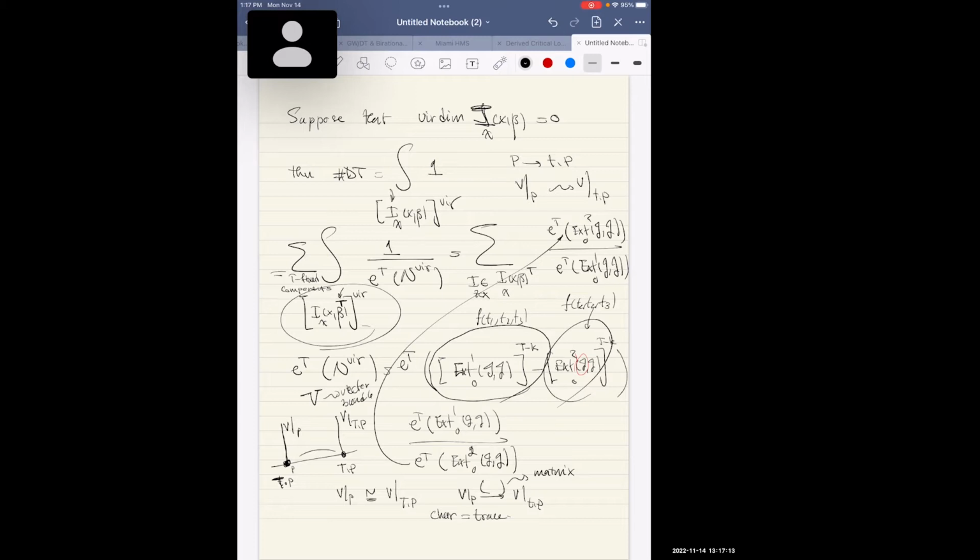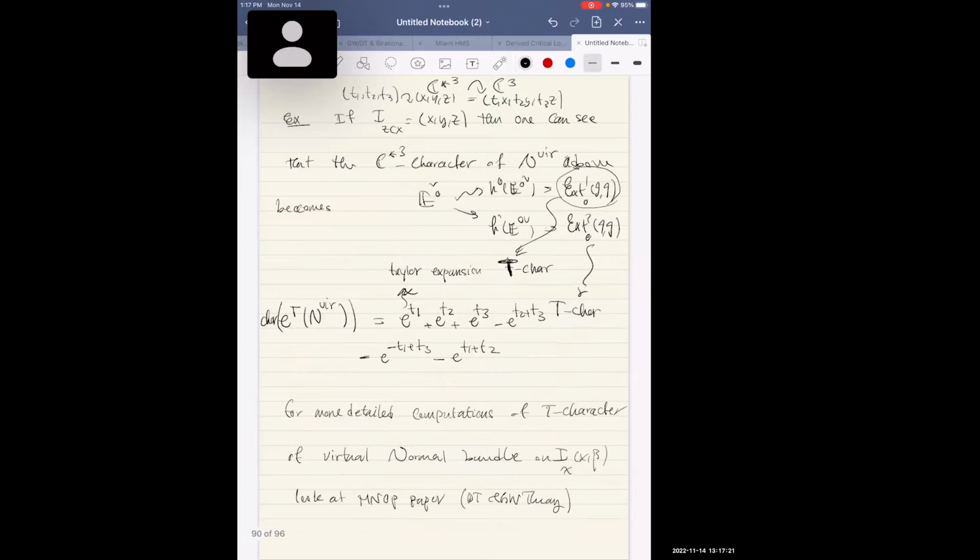So we write those moving parts in terms of the parameter t. T is the character of the action of the torus, the equivariant character. And then essentially we get some invariant in terms of t. Now, if our torus is C star 3, of course, there are three characters, T1, T2, T3, and we get some function in terms of T1, T2, T3.